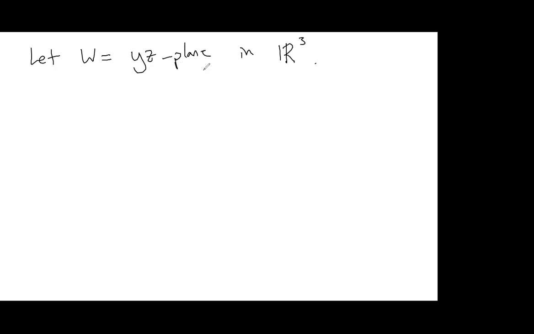All right, so I'm not even giving you coordinates anymore. I'm not giving you the actual vectors that span it, just a visual of what W is. And let's let V just be some vector, like (2, 0, 3).